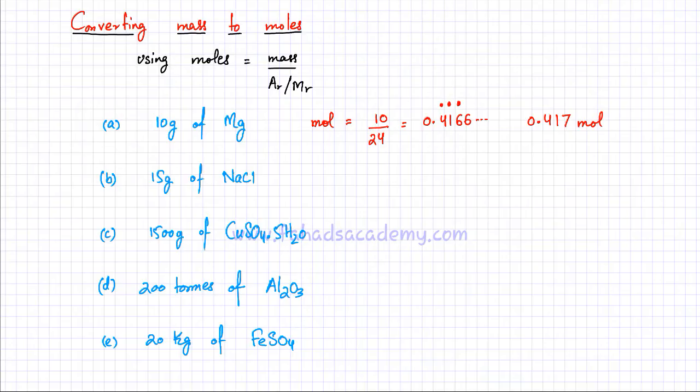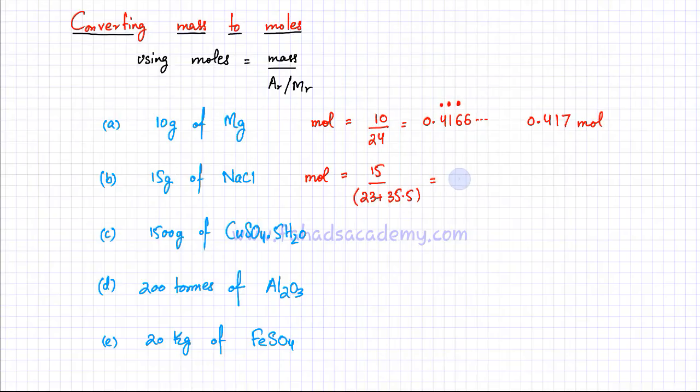Moving on to the second one, again I'm going to use the formula moles is equal to mass over Ar or Mr. In this case, I have 15 grams, which is my mass, divided by the Mr of NaCl. Because it's a molecule, I have to total the atomic masses given for sodium, which is 23, plus chlorine, whose atomic mass in the periodic table is 35.5, and the total Mr in this case is 58.5.